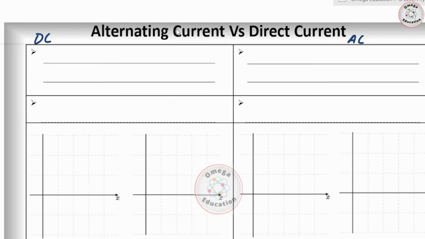So for the direct current, we define it as the current that flows in only one direction, or in one direction only.